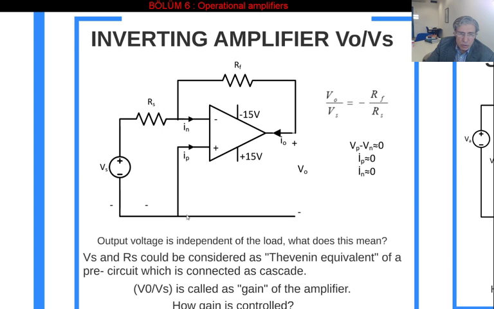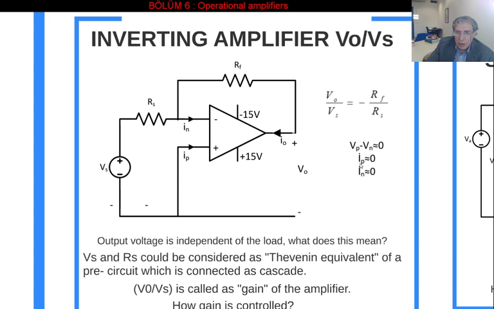So the voltage drop between the two terminals, Vp minus Vn, is equal to 0, which means that ground comes here. So there is almost 0 voltage here. Then we can say that Vs minus 0 over Rs gives this current here.